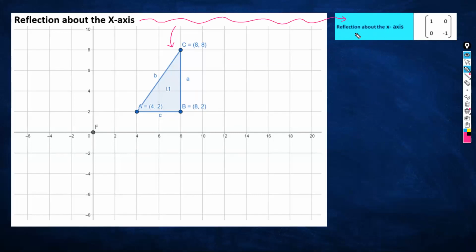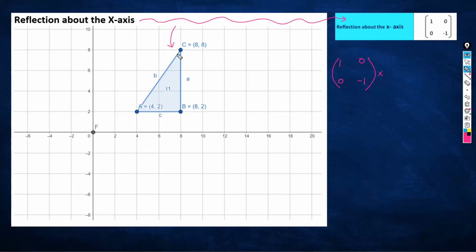So if they ask you to do a reflection in the x-axis, you have to memorize 1, 0, 0, -1, right? Here's what you have to do. Take this matrix, which hopefully you will remember, write it down. So the value is 1, 0, 0, -1. And you are going to take this matrix and multiply it by each point separately.